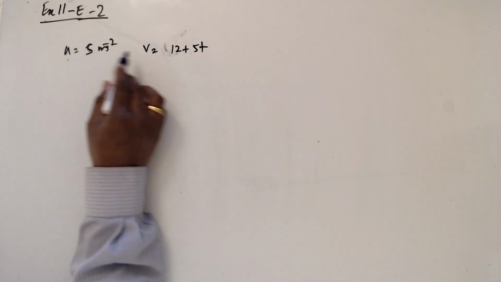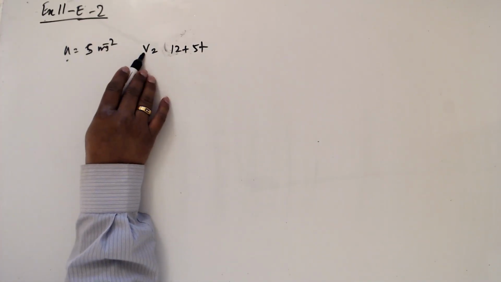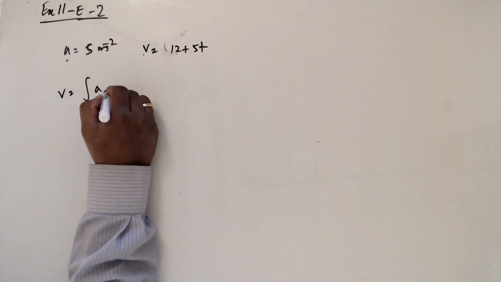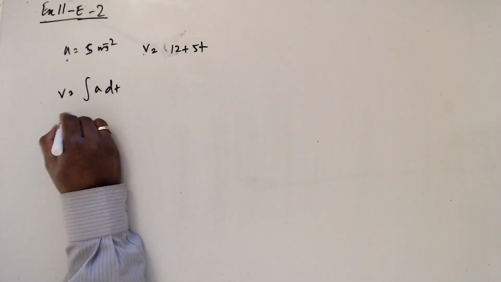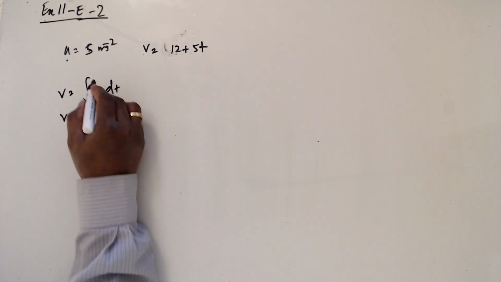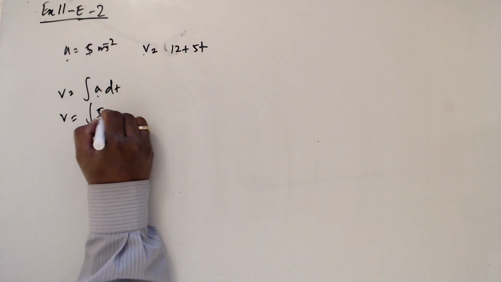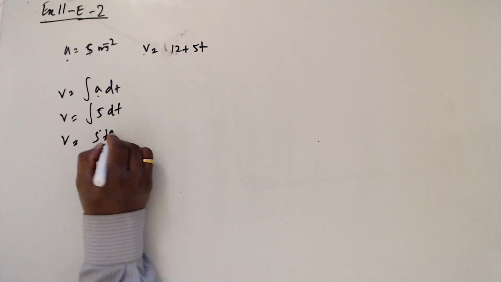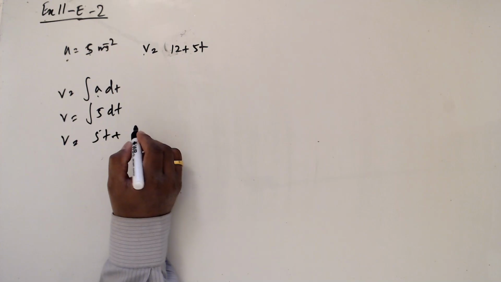So a we want to turn into v. When we integrate a, we will get v. So v equals the integral of 5 dt. So v equals 5t plus c.